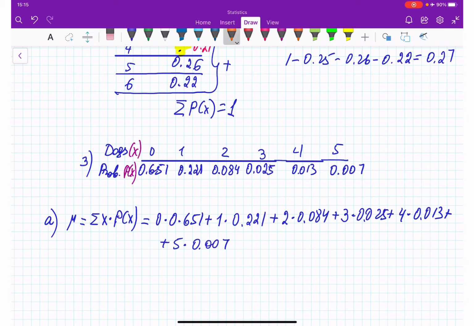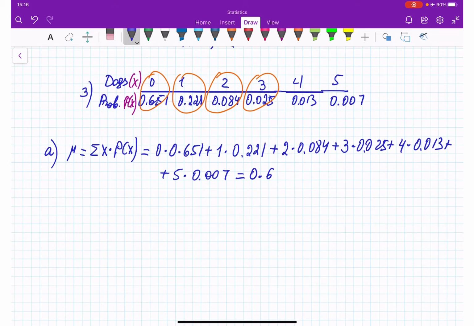So what I did, I just multiplied x by its probability, okay? And so on. And that's all I did. And the result is going to be 0.6. Now, 0.6 is rounded up. You're actually going to get somewhere around 0.59 something, and you round up, you get 0.6.